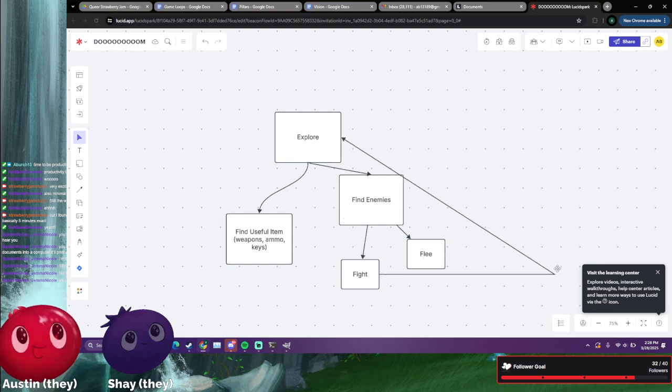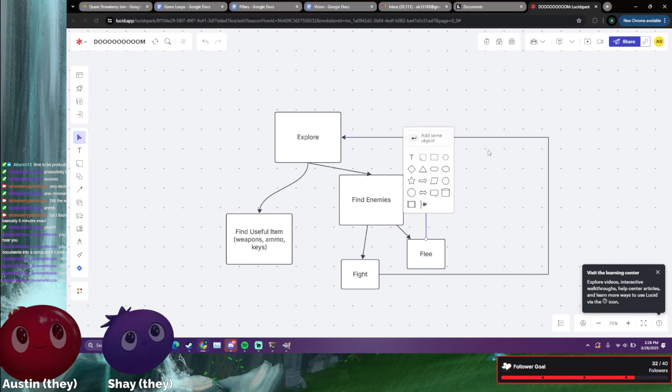This is going to get a little messy, but just roll with it. We end up going back to explore. So whether we fight or flee, we end up exploring afterwards because we've successfully beaten the enemies.